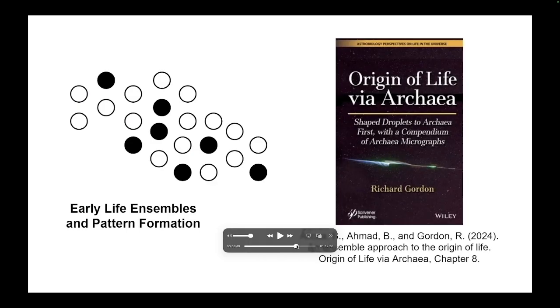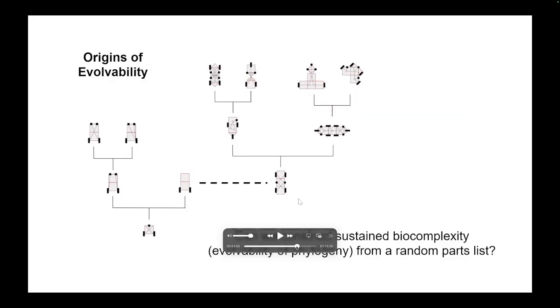Then, of course, he had the early life work. We did this paper on the ensemble approach to the origin of life. I'm going to present on that in the next few months, following up on what we published in this paper. But basically, it's this idea of ensembles and their role in enabling the emergence of life.